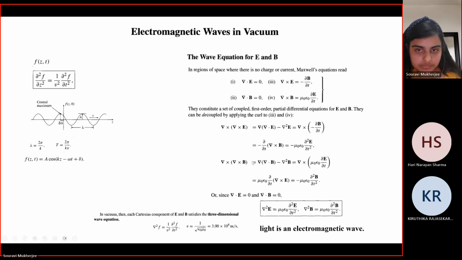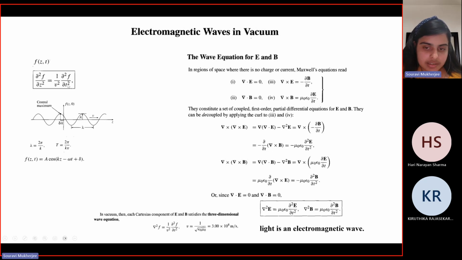Okay, and you can see that putting divergence of E going to 0, what you get is this relation here. Similarly, you can do the same thing for B, and again you will get a similar relation. Now if you compare this to the first wave equation that we were discussing, which is in 1D, because it's in 1D you have del square f by del z square. If it is in 3 dimensions, you would have a del square term here, right?